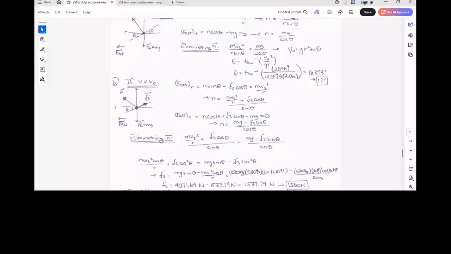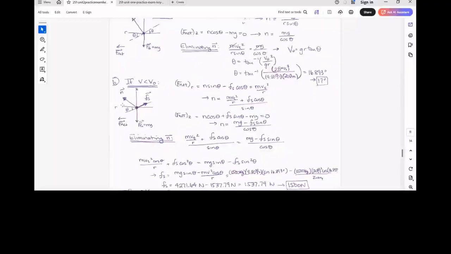But now static friction is going to prevent the car from drifting downhill, because the car is actually moving at a speed that's below this critical speed. So the presence of this static friction force means that there's going to be a sine component and a cosine component that I have to put into these net force expressions.